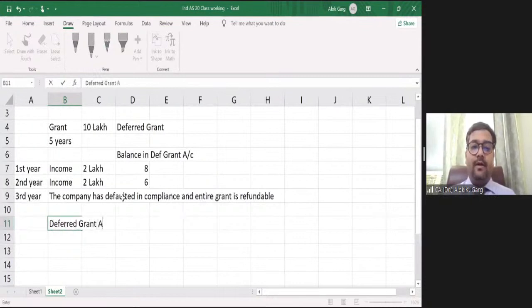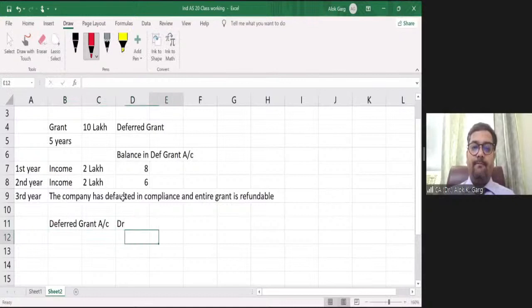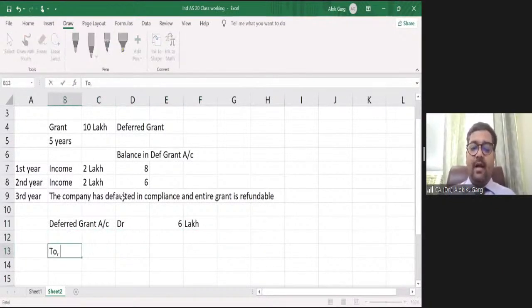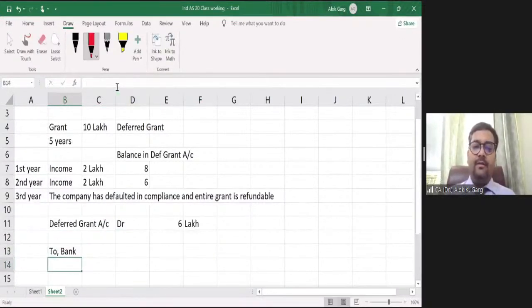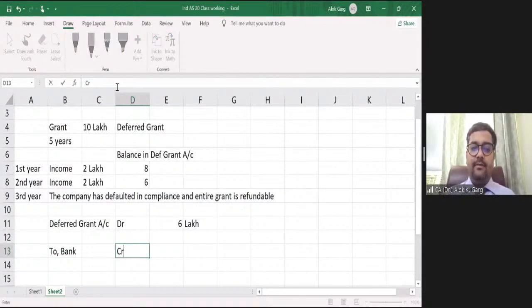Deferred grant account, debit. How much? 6 lakh. Okay. Then to bank, how much money is payable? To bank or to government grant payable, whatever it may be. To bank, credit 10 lakh.